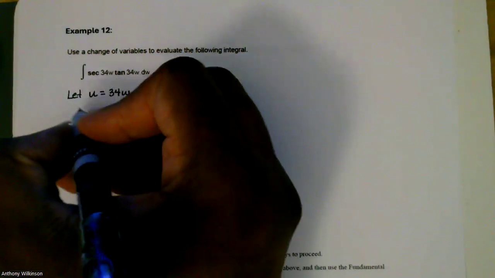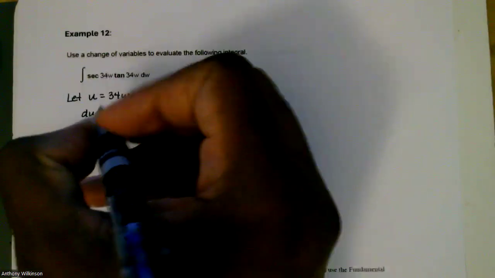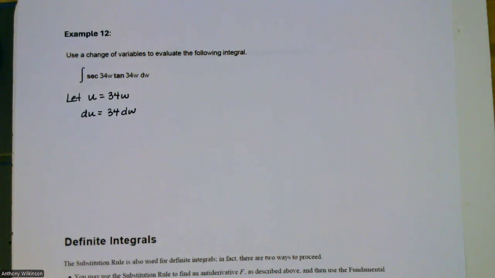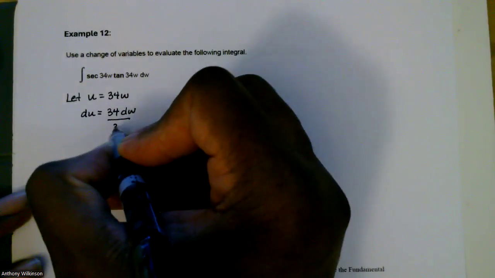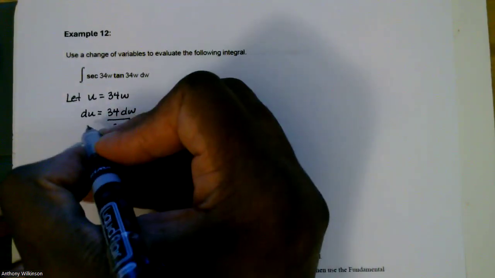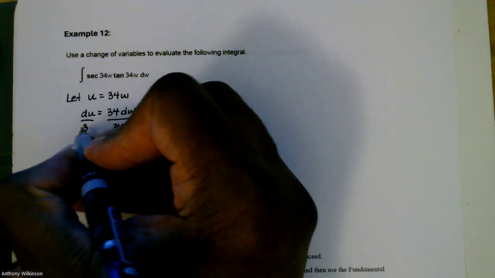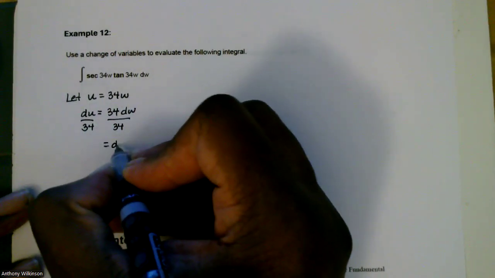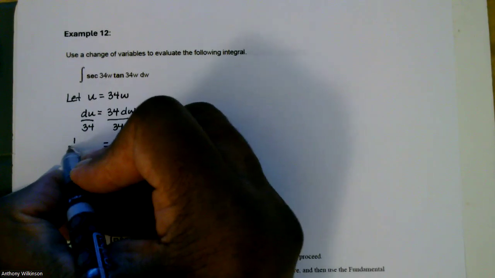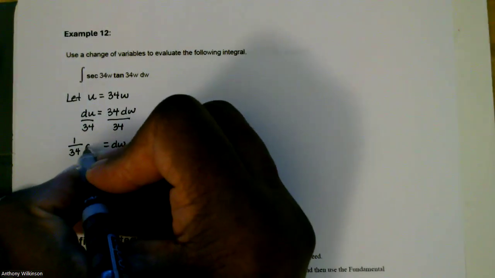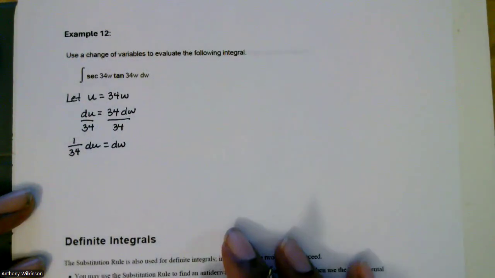And then du, we take the derivative of 34w, which would just be 34, and we write it as a differential, dw. All right, so we need to get dw by itself. We're multiplying it by 34, so we need to divide both sides by 34. So that means dw will be equal to 1 over 34 du.